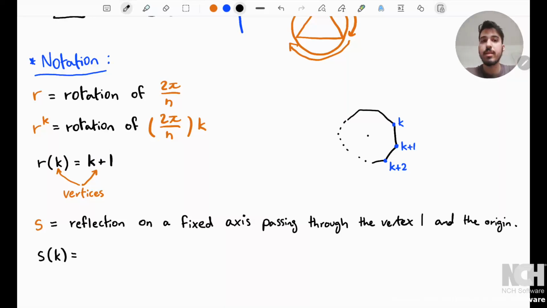What about S? S is a reflection on a fixed axis passing through the vertex 1. So 1 is a convention that we choose. You could choose any other vertex, but I prefer choosing the vertex 1 because the vertex 1 is found in all of the polygons that we have.